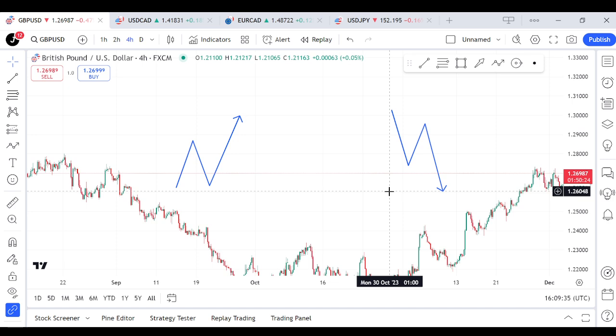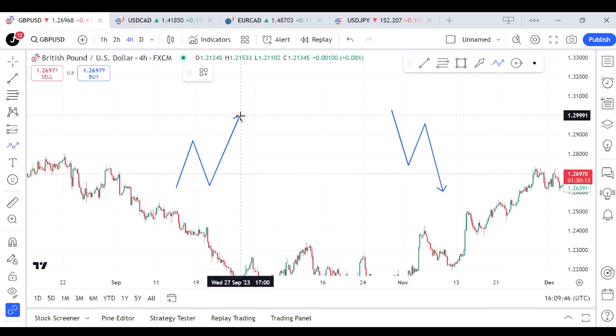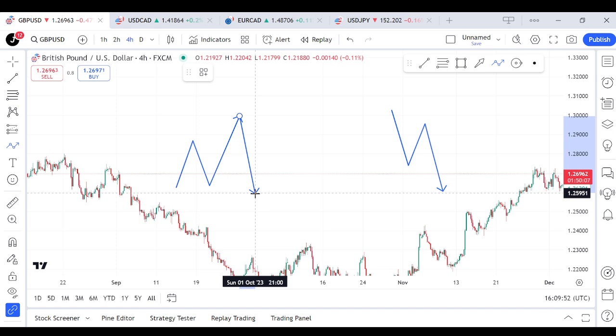The Quasimodo pattern works by revealing a break in market structure. So when this structure breaks, meaning you get a lower low, like for example in the bullish example here, when this bullish structure breaks, you get a lower low, and that's when the Quasimodo pattern begins to form.